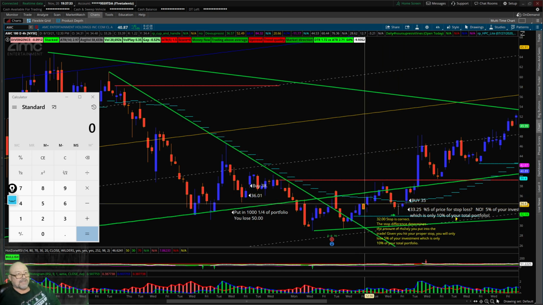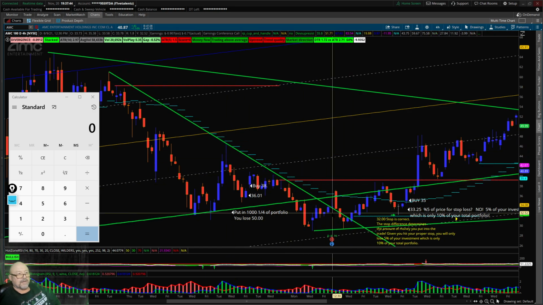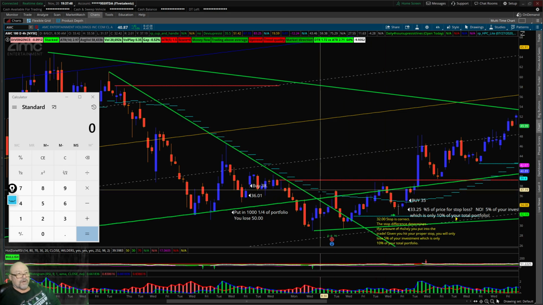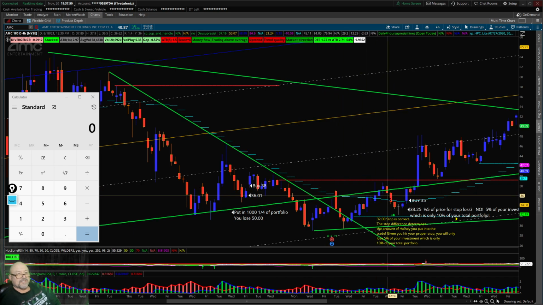You want to see it cross. Here it crossed and then boom, came back down. But here, now here's one of the rules we're looking at. We crossed over the trend line. We did cross over once the 20-day moving average, and now we have a trend change doji here.